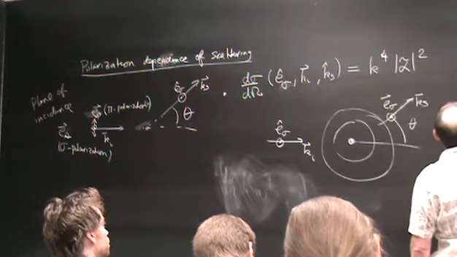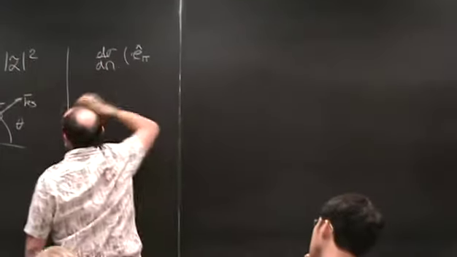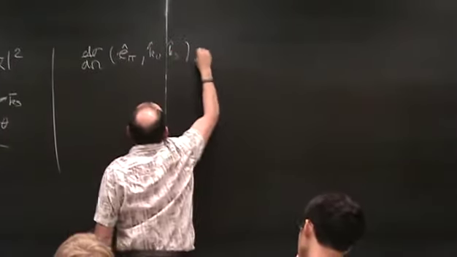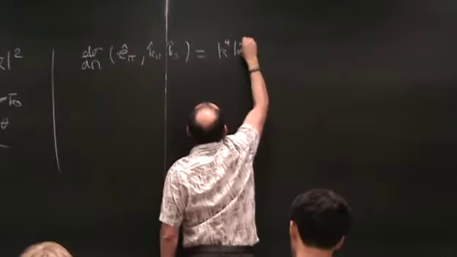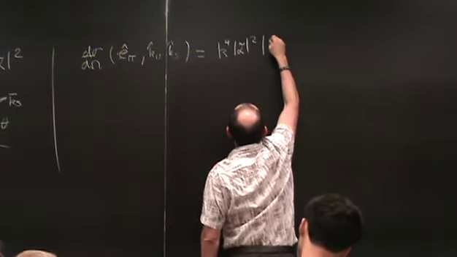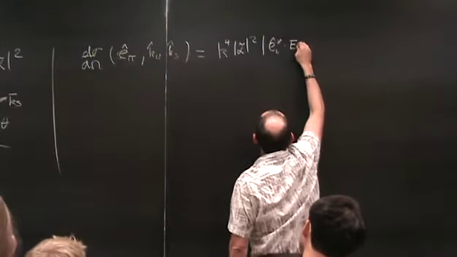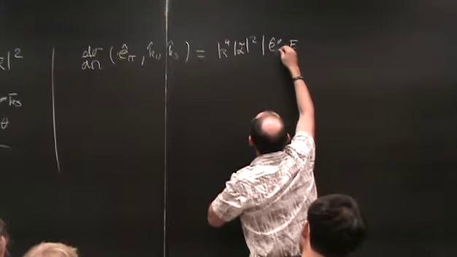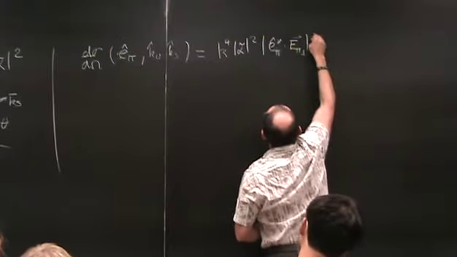So this differential scattering cross section, I have pi polarization. Now I have to think about what component of the pi polarization is perpendicular.